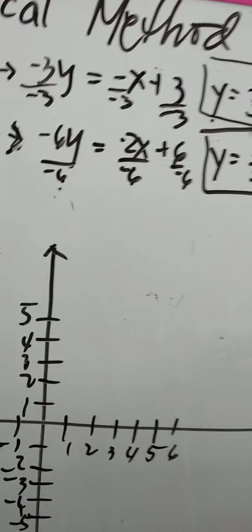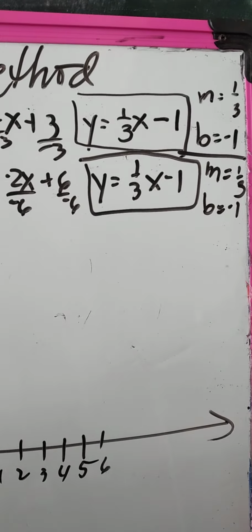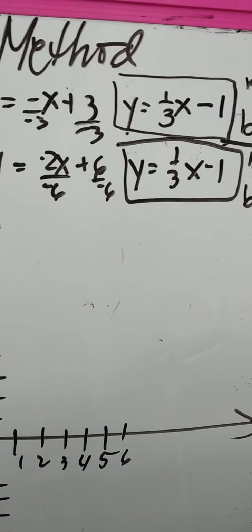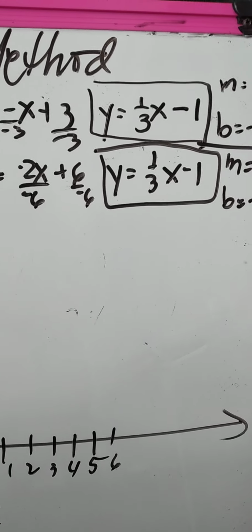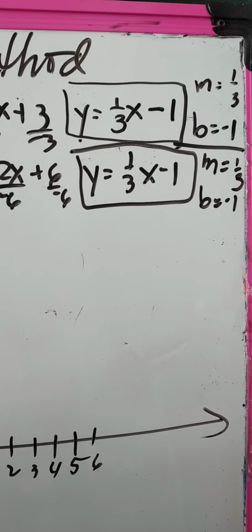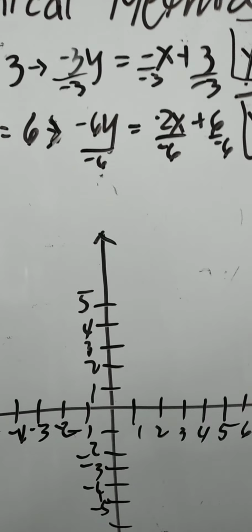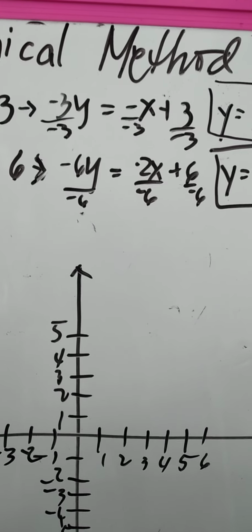So without graphing, automatically you can tell that your system is consistent dependent. Since it's consistent and dependent, how many solutions again? Infinitely many, correct. So what is the graph of consistent but dependent equations?